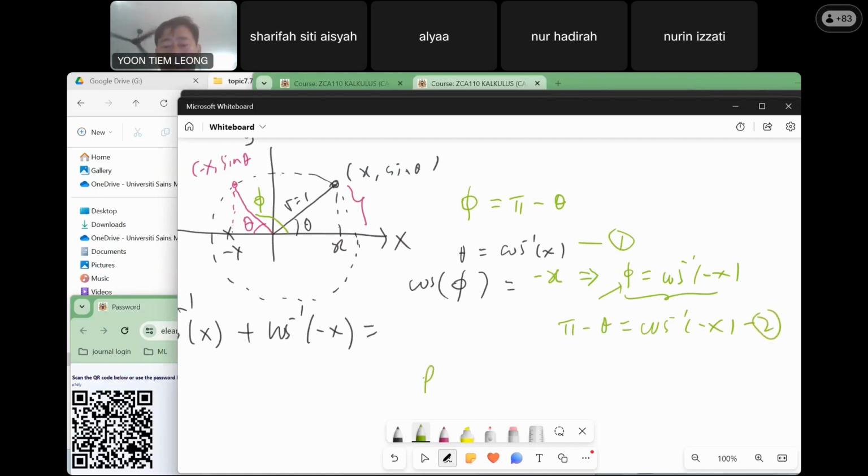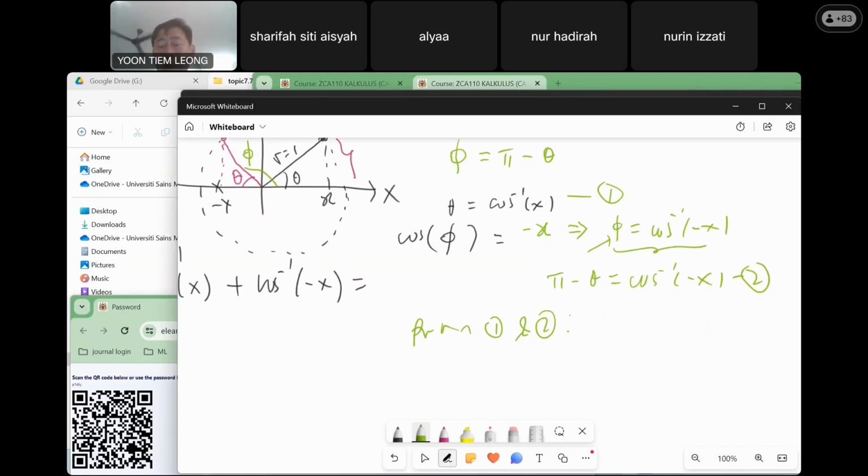Then from equation number 1 and number 2, you can easily see that these two would add up to be a constant. So let me show you what I meant by that. For equation number 1, you have theta equals arc cos of x, and from equation number 2, theta is just equal to pi minus arc cos of minus x.